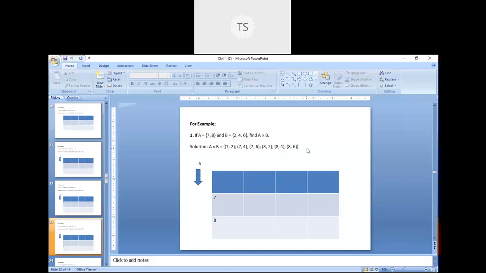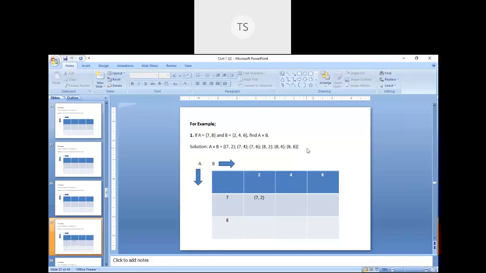Next step, in the horizontal side, he will write the elements of B. So he has written 2, 4 and 6. Clear? Now see, for the first element, what he has done, he has combined the first row and first column. That means 7 and 2. So he has written 7 comma 2. Next, what will he do? Do you have any idea?